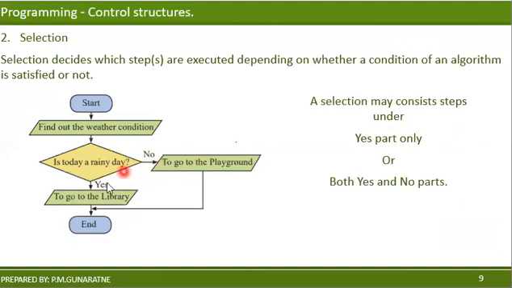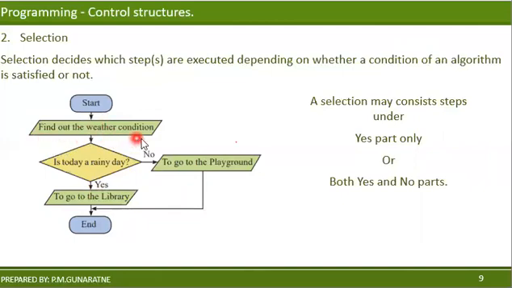It is optional, but for your yes path, you have to have a process. You can have both the paths as well as only the yes path. Okay, right? So that is a selection. After evaluating this selection, this condition, it will take either the no path or the yes path.